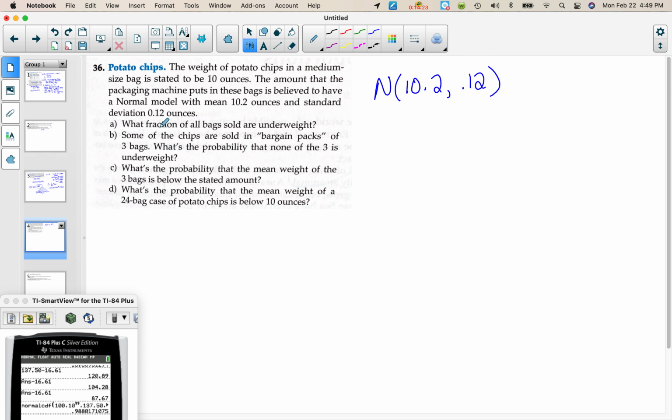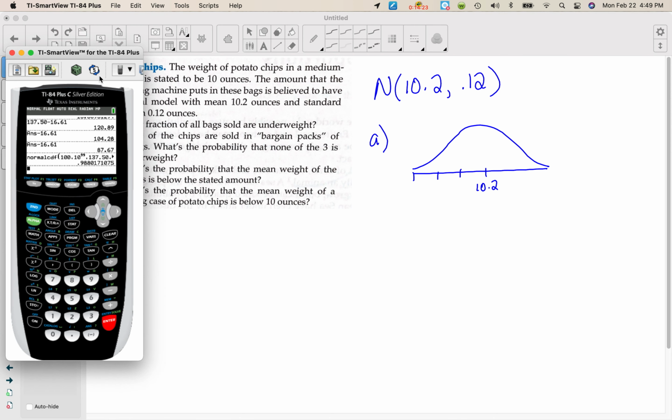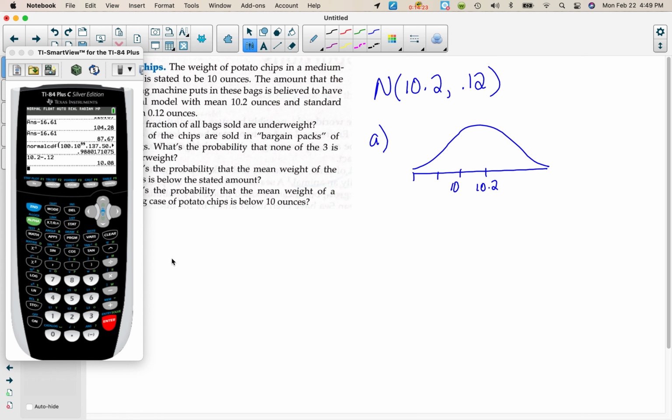So part A says, what fraction of all bags sold are underweight? For this, we are just using our regular old normal model. So here's 10.2. Since it's underweight, I'm going to go this direction. And if we take 10.2 minus 0.12, oh, what did I do?